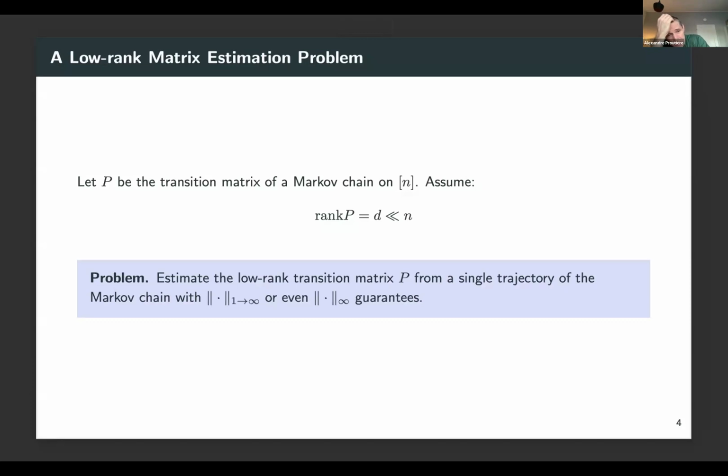So the problem that we want to solve is to estimate the low-rank transition matrix P from a single trajectory of the Markov chain. And remember that we need guarantees with respect to the 1 to infinity norm so that it can translate to a guarantee for the estimated value function. Even better if we can have an entry-wise guarantee for this matrix.